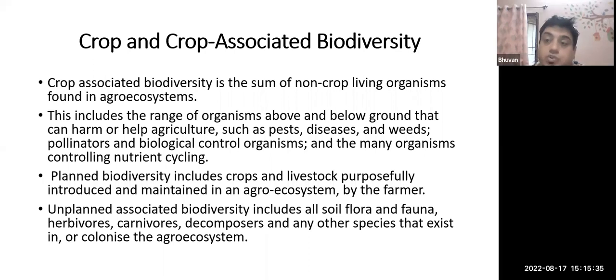Then we have the carnivores. Among insects, we have the red ladybird beetle, which is an excellent predator of aphids. Then we have the various kinds of decomposers, which include mainly fungi and other species of various organisms, which are part and parcel of the agro ecosystem. And this also, mind you, includes weeds.